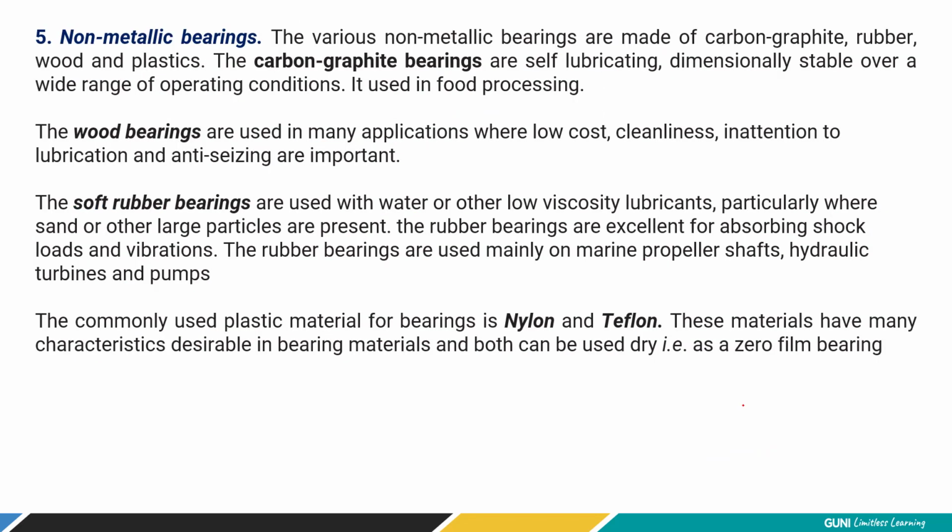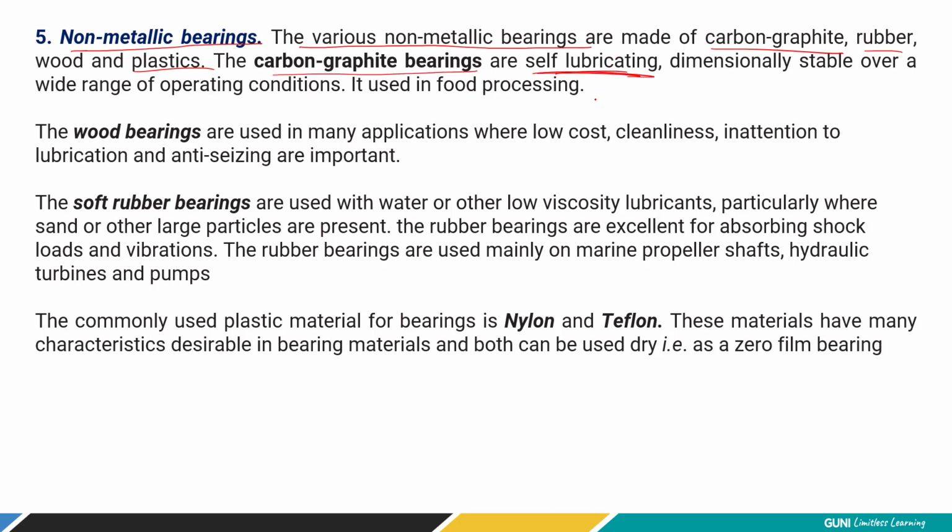Now the last material in the plain bearing is the non-metallic bearing material, right? The various non-metallic bearings are made up of carbon graphite, rubber, woods and plastic. The carbon graphite bearings are self-lubricating.